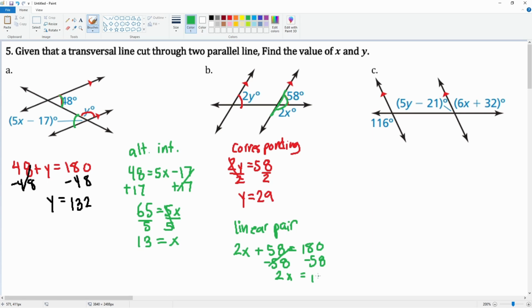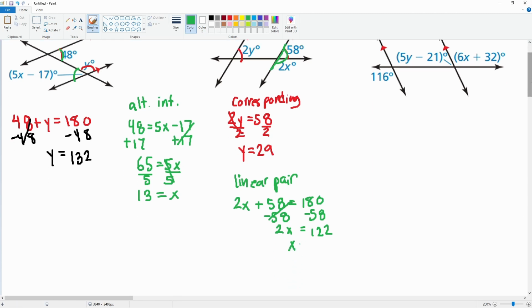That gets you 122. Divide by 2 to both sides. This cancels. This is going to get you 61. x is equal to 61 degrees.